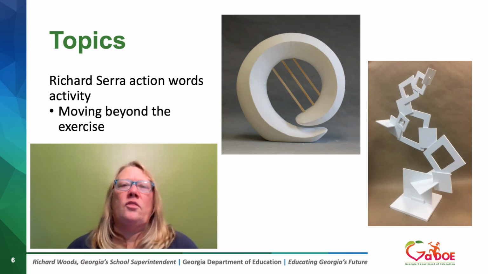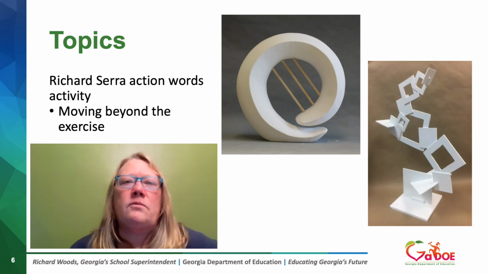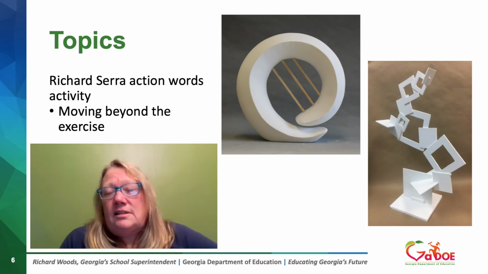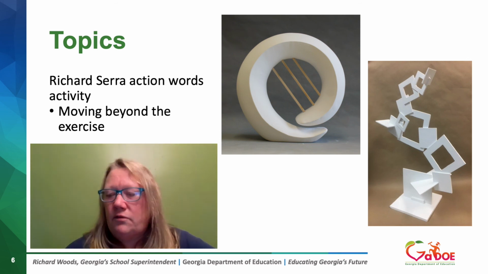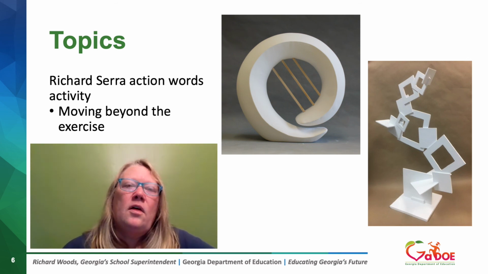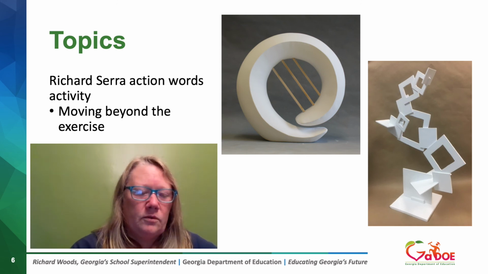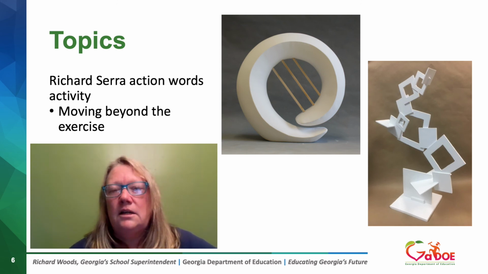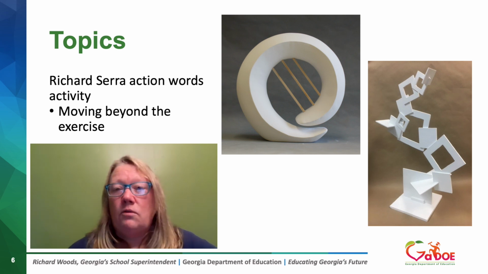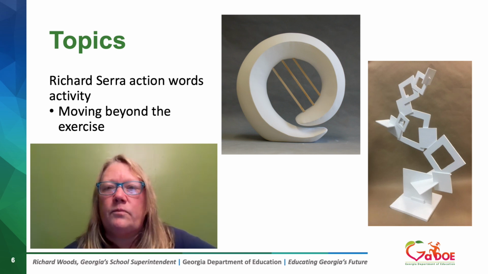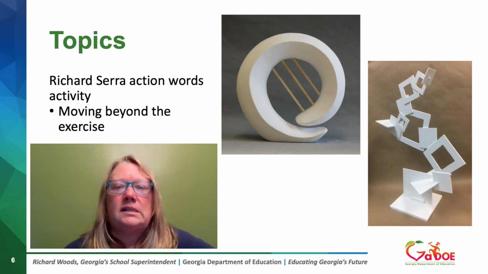Whereas the work on the right was made from shapes of wood that were just assembled to express a verb. So using the actual ideation or creativity activity to then create a work that expresses a word. And I think both with some success.